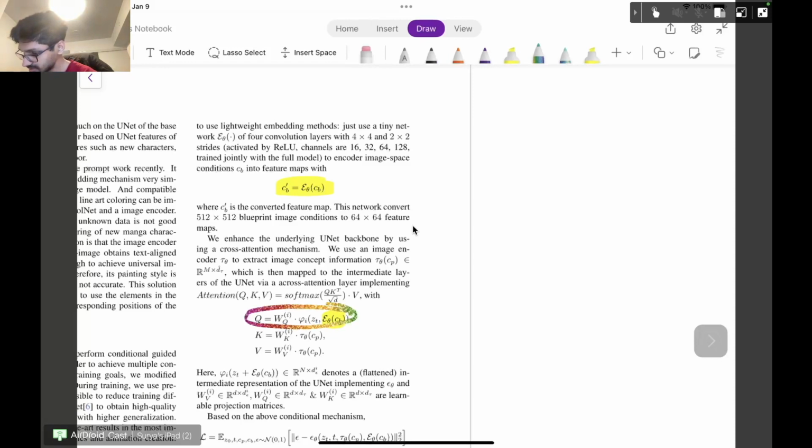So if you see, the image encoder tau theta is used to extract the concept information, and that concept information changes your values and keys. So these values and keys are controlled by the concept information. And how about the queries? The queries are controlled by the blueprint image.